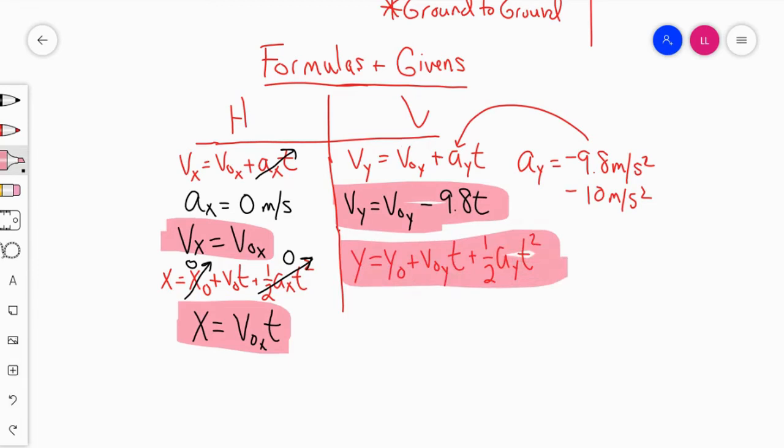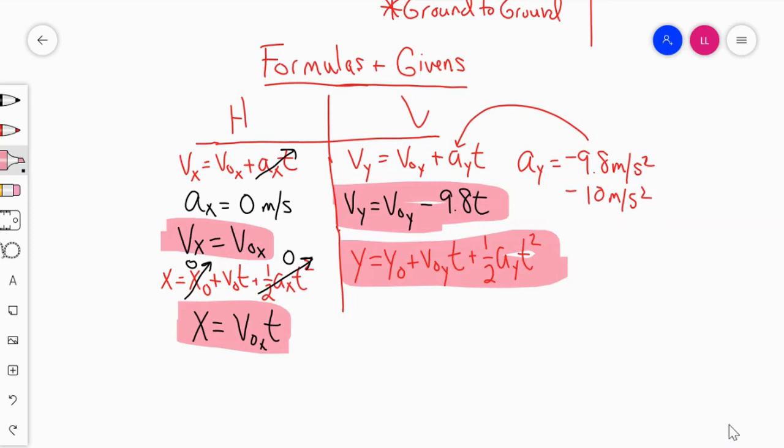Because it changes, right? If I'm launching horizontally, all my v0y's would go away. If I'm looking at the maximum height, my vy would end up going away. But what I highlighted there in pink are the 4 formulas that you need, okay?